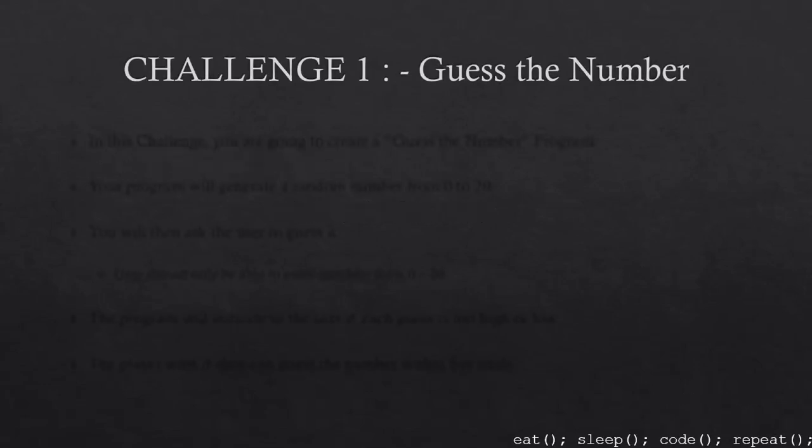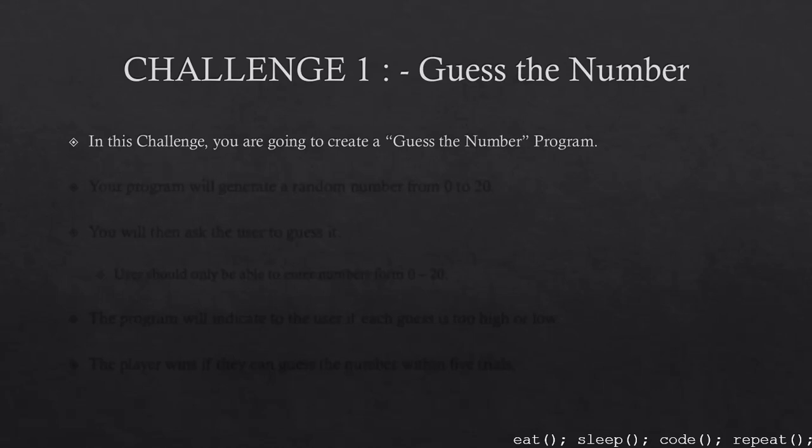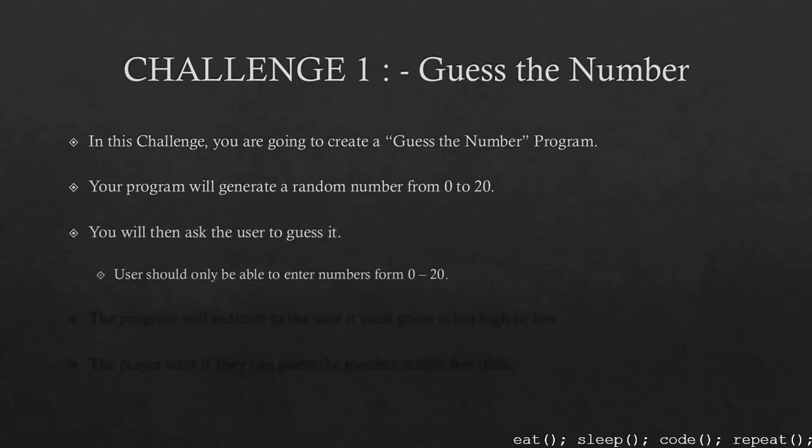In this challenge you're going to create a guess the number program. The program is going to generate a random number from 0 to 20, and the user will be guessing that number. The user must enter a number between 0 and 20, of course. The program will indicate to the user if each guess is too high or too low.